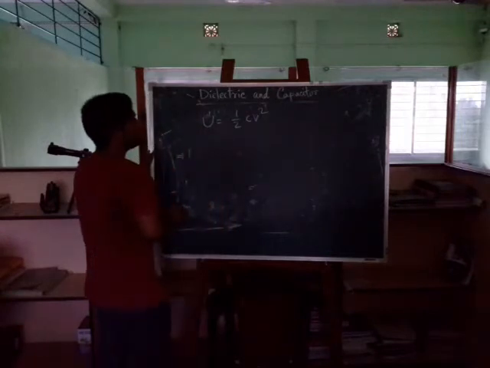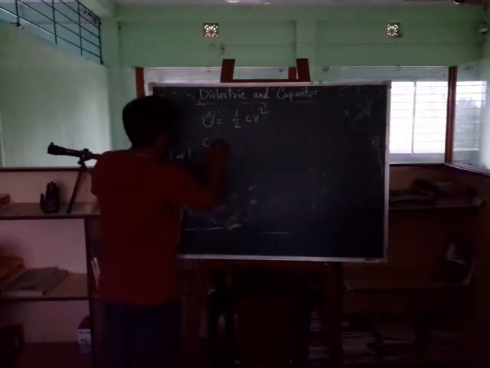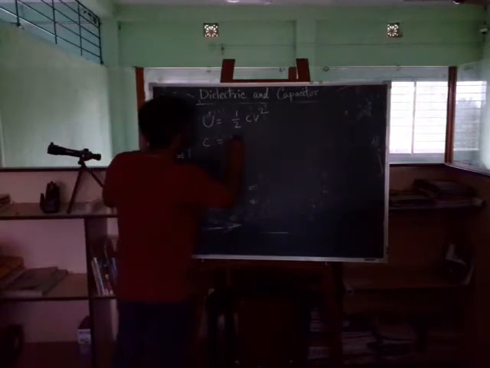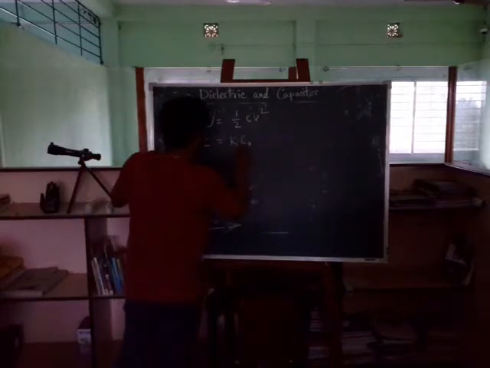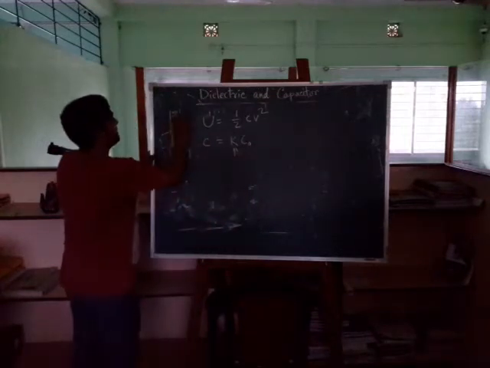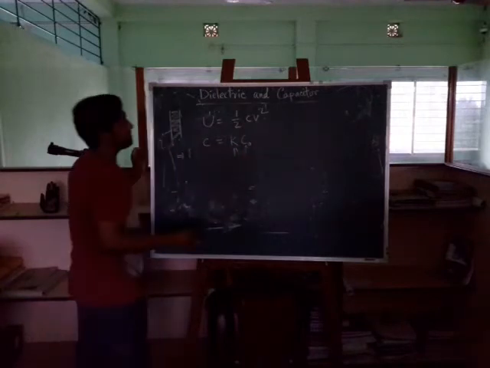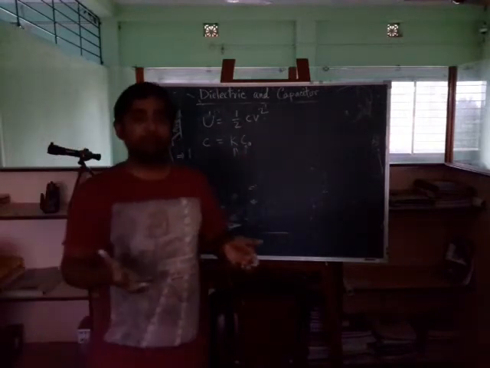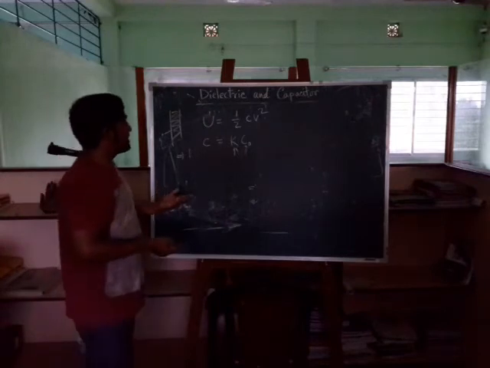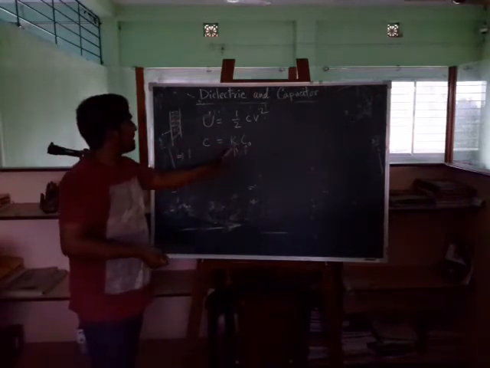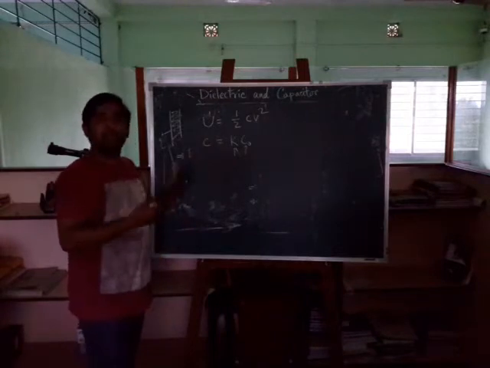We also have found out that the capacitance in a parallel plate capacitor is modified if we have dielectric material in between the two plates, right? If this is the capacitance in presence of vacuum, I mean if there is no other dielectric, this is C naught. If we insert dielectric media with dielectric constant K, then this is the modified capacitance.